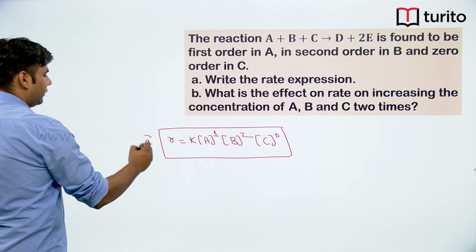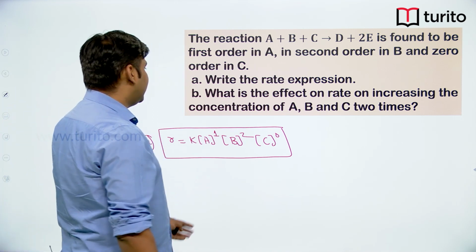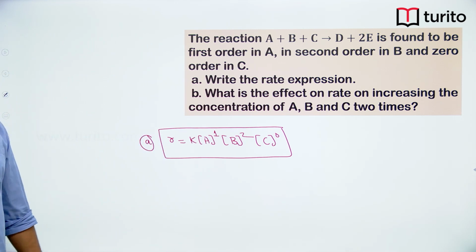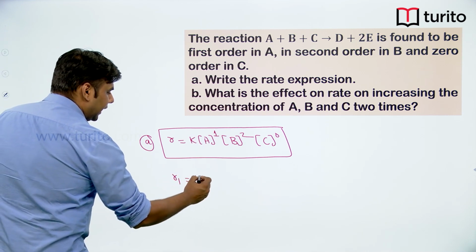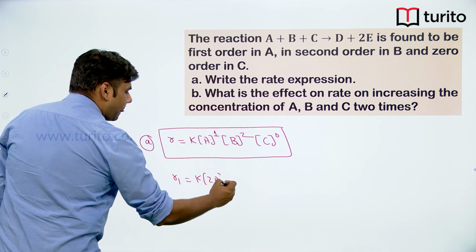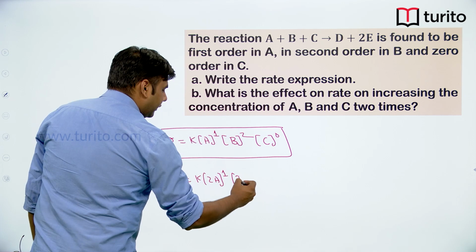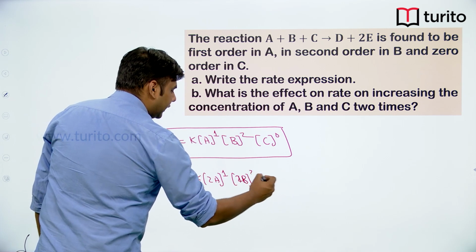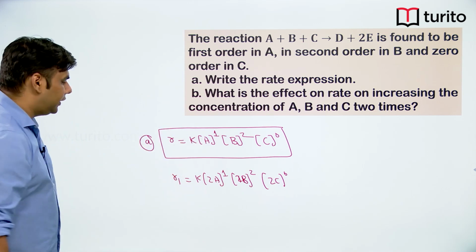Now this question says, what is the effect on rate on increasing the concentration of A, B and C 2 times? So if we are increasing the concentration of A 2 times, concentration of B 2 times and concentration of C 2 times. So basically I am writing 2A, means we are doubling the concentration.